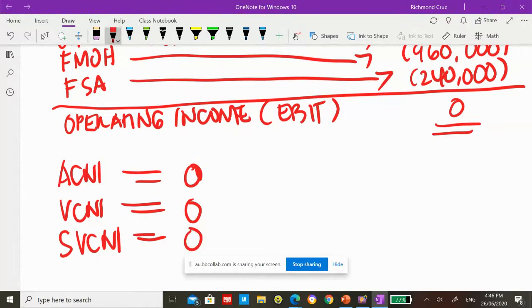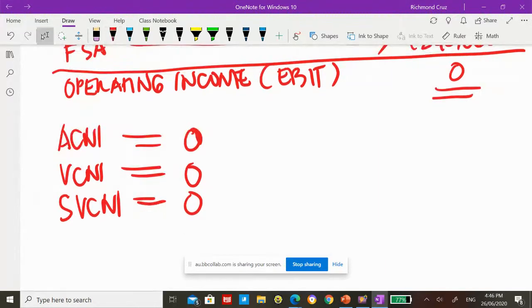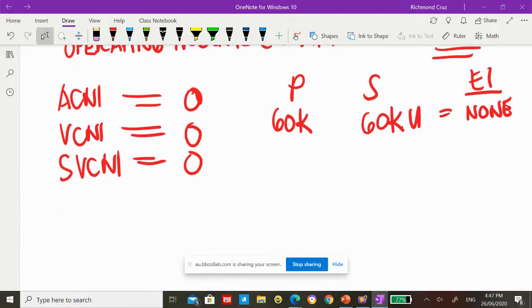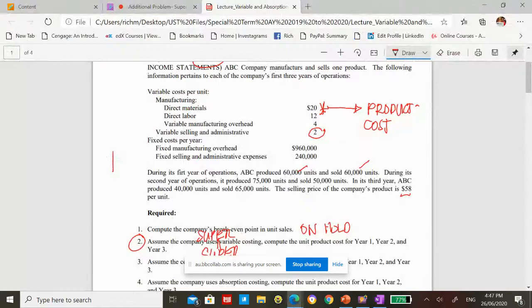And the reason for this is because we don't have ending inventory for year one. Our units produced is 60,000 units, and our units sold is also 60,000 units. So therefore, no ending inventory for year one. So we're done with year one.